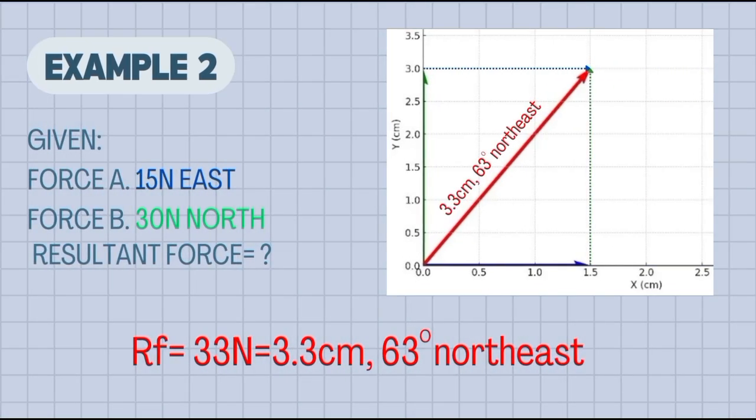So, as you can see in this graph, force A, the blue arrow, represents the 50 Newton, which in centimeters is represented as 5. The blue arrow is directed to the east and the green arrow is directed to the north, which is 3 centimeters when you convert it.